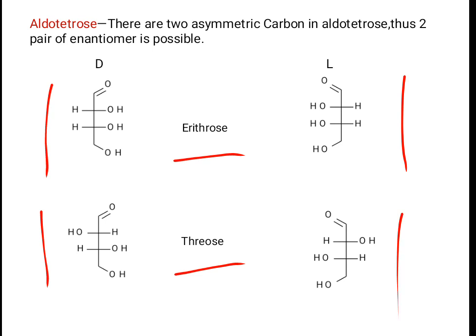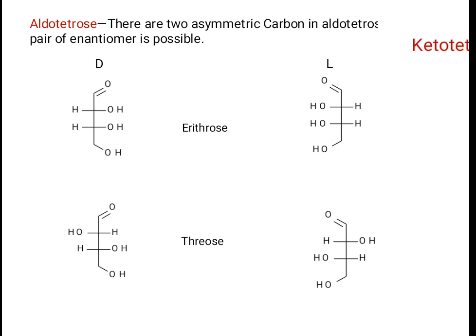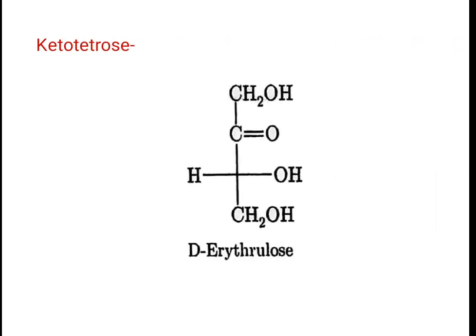Actually this is an aldehyde group, with 1 hydrogen. You should consider 1 hydrogen. Here is also 1 hydrogen. Don't think of it as a ketose, okay? This is an aldose. Now the ketotetrose: this is the ketotetrose, D-erythrulose. You can get also the L form.